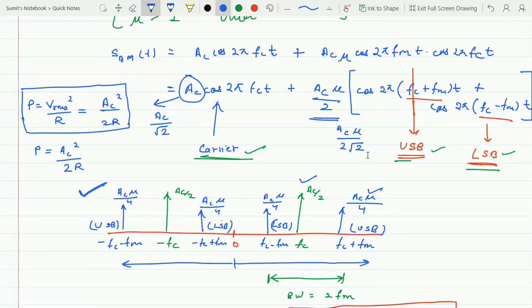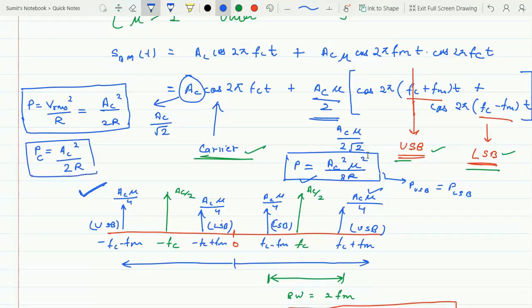If you want to find out the power, the power would be simply the RMS value squared by R. So it would be Ac squared mu squared by 8R. This is the power of your upper sideband. Similarly, the same power you will get for the lower sideband. So this power is equal to the power of the upper sideband or the lower sideband, and the one we found earlier is your carrier power.